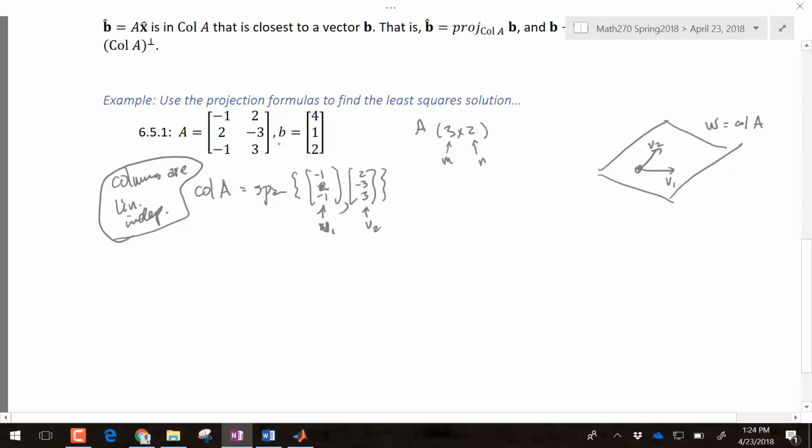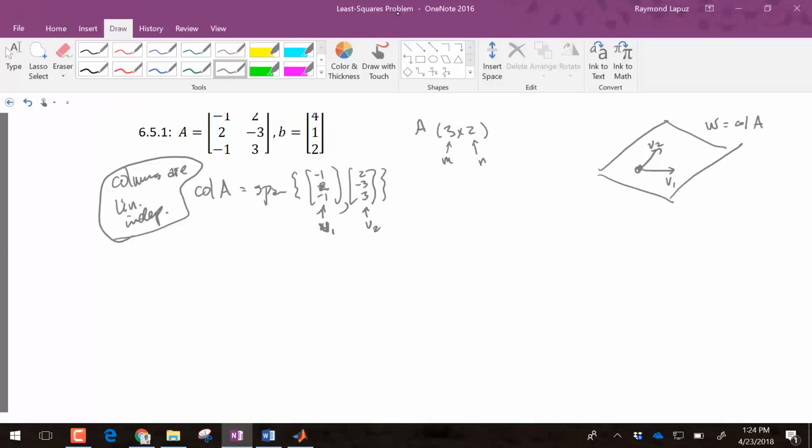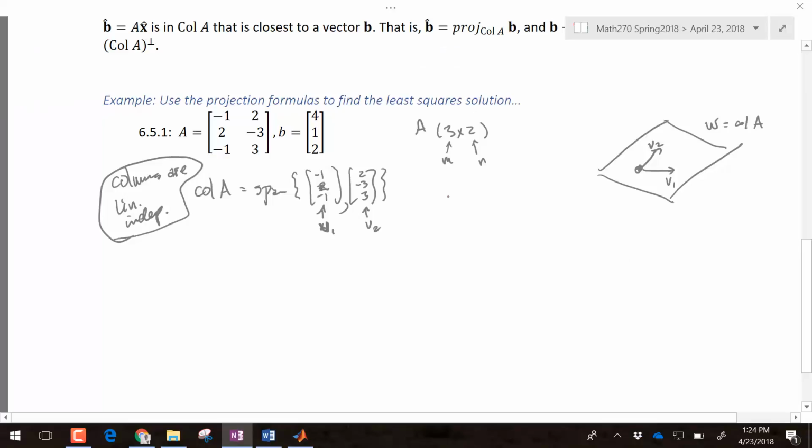Now we have a vector B. Let's see where B is. The question is, can we write AX equals B? So the question is, can we write [1, 2; 2, -3; -1, 3] times X equals [4, 1, 2]?